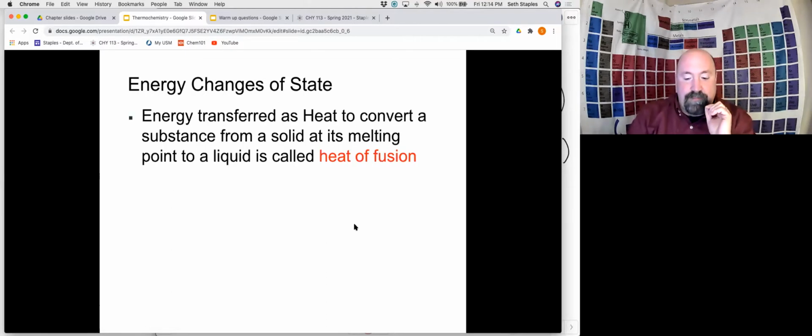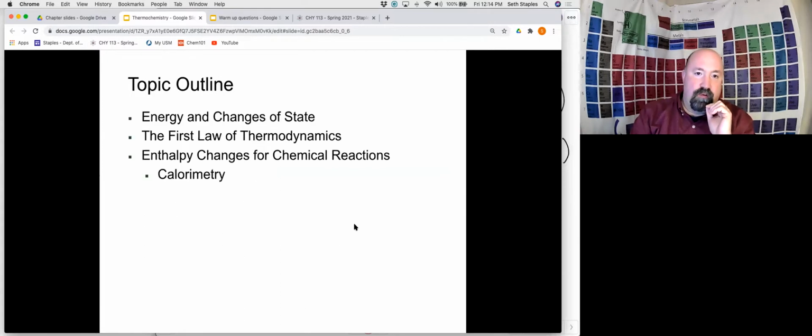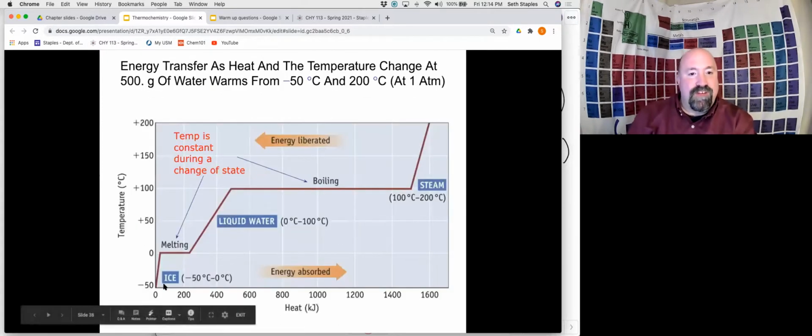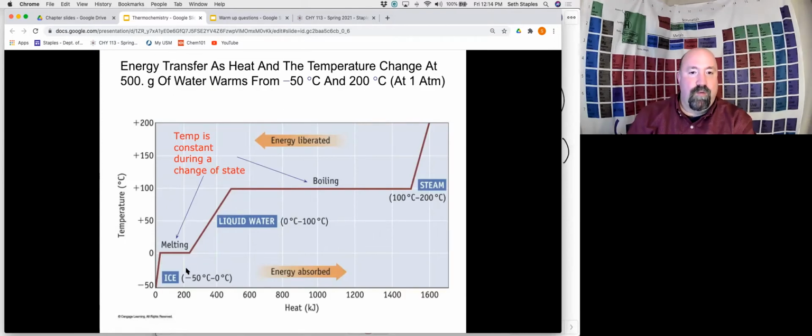For some of the steps, actually, let me back up again. We'll just go all the way back through here. For our steps when we are warming something up, when we're warming our ice up to 0, when we're warming our liquid water from 0 to 100, and when we're warming our steam up from, in this case, 100 to 200, which is our target, in all of these phases where the temperature is actually changing, we're just going to use our old friend Q equals MC delta T. The only thing we do have to note is that the 4.184 figure that we've been using for C of water only applies to liquid water.